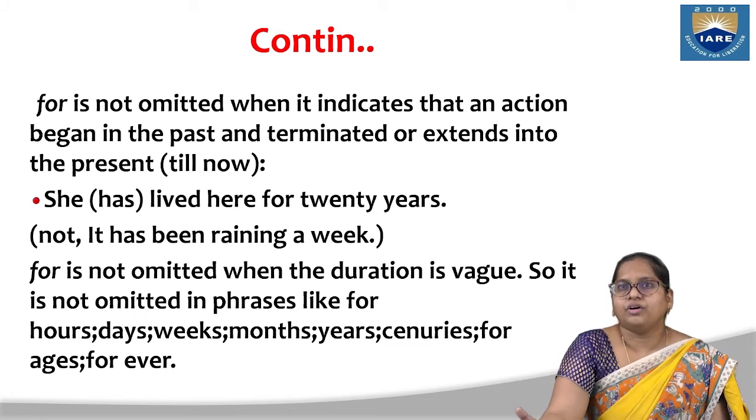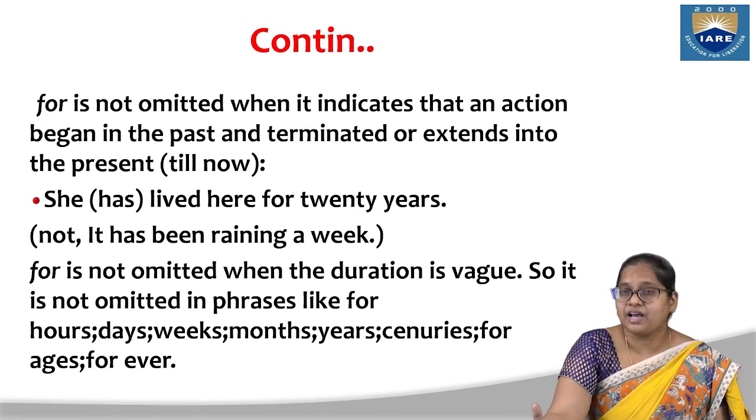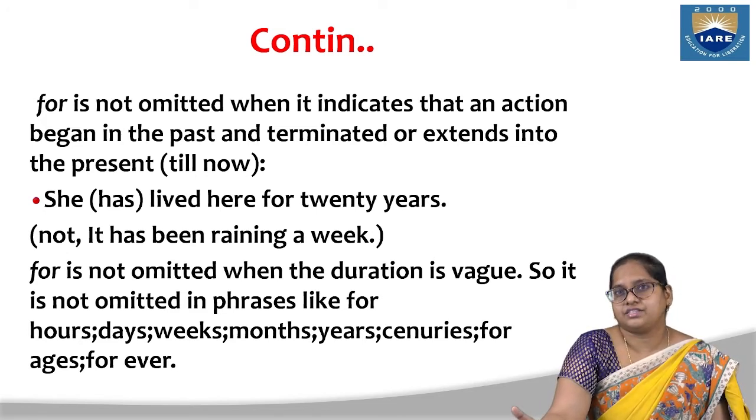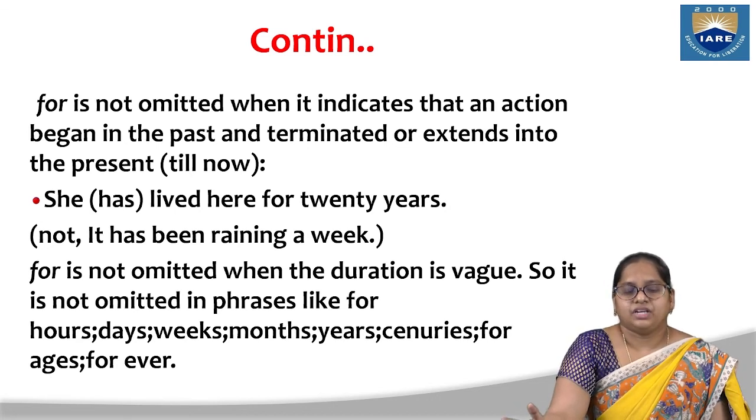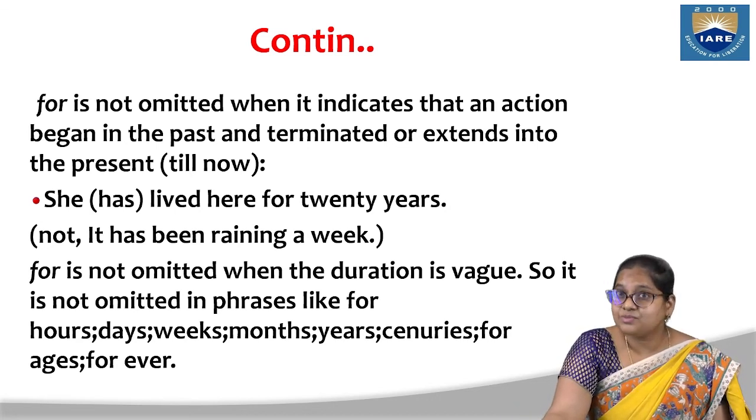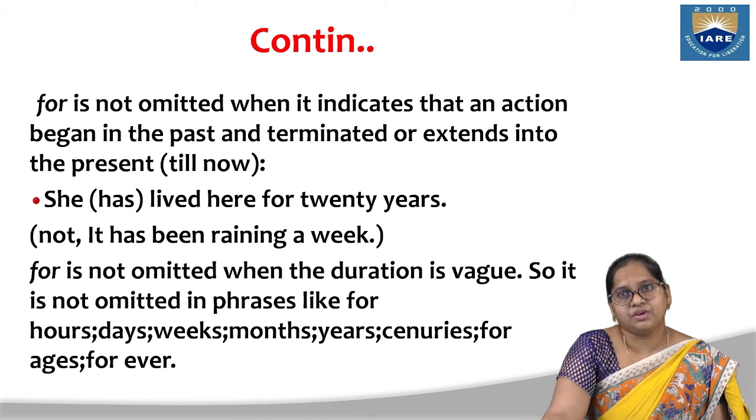So for is not omitted when you say that it began in the past and terminated, or extends into the present time also. So you can say she's lived here for 20 years. Now, not it has been raining.